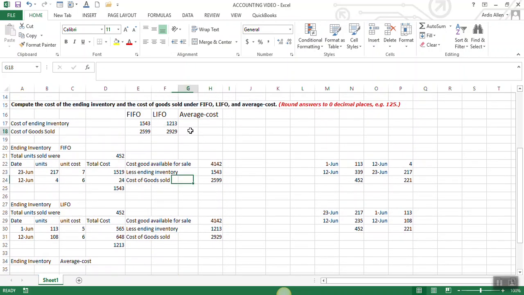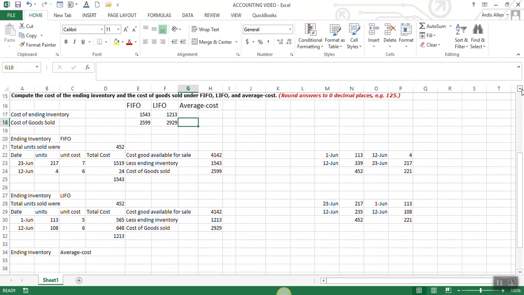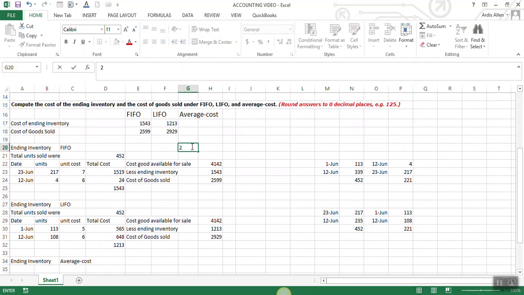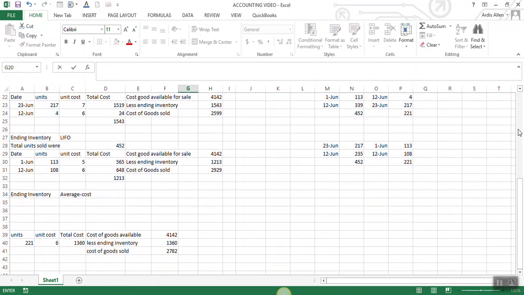So the cost of goods sold is 2,782 and the cost of ending inventory is 1,360.